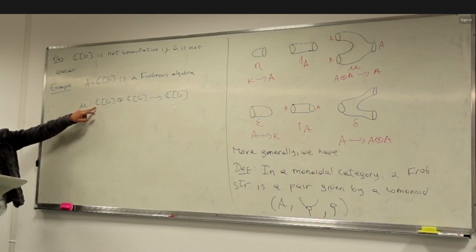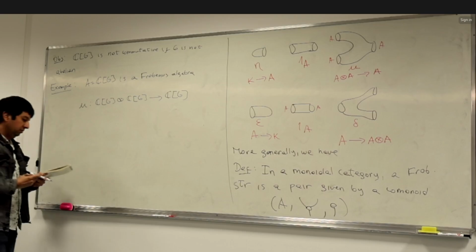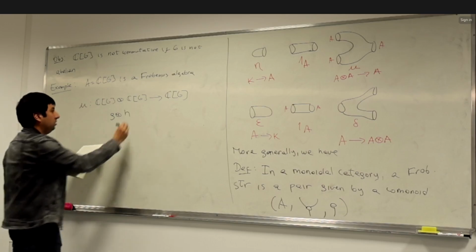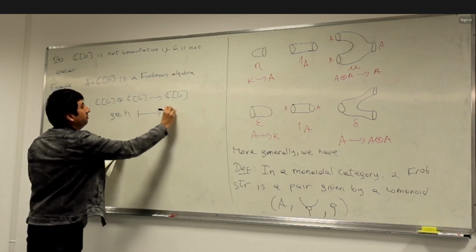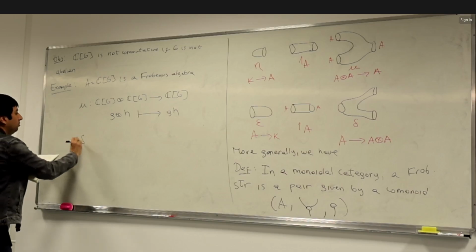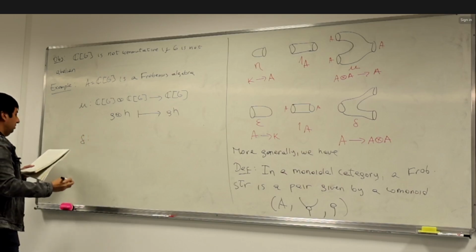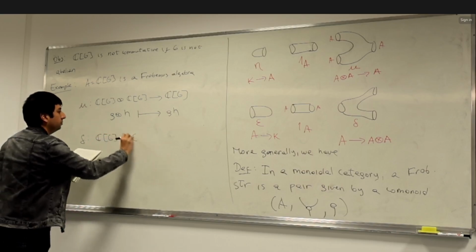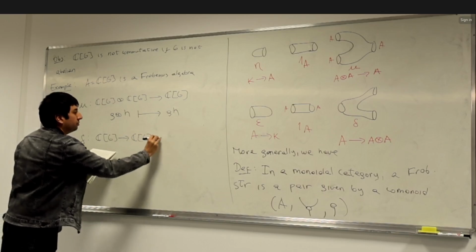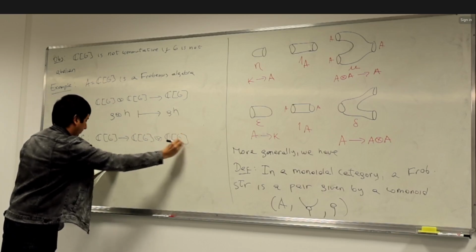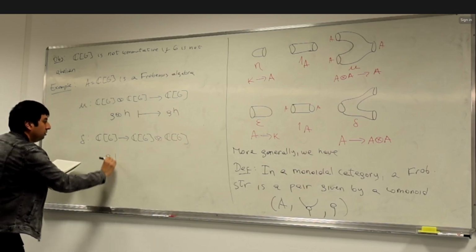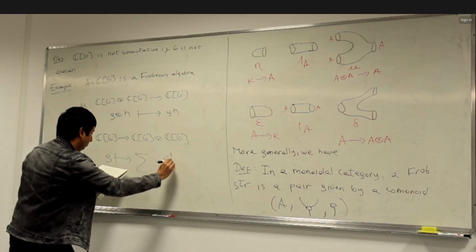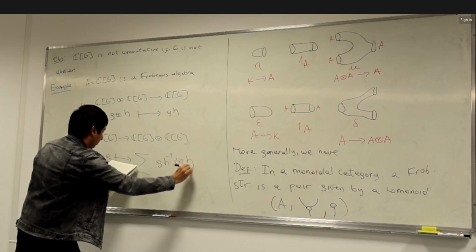Sorry, we don't have to restrict to the complex field. We just extend this map by linearity, and the coproduct is defined in this way: g maps to g tensor g.